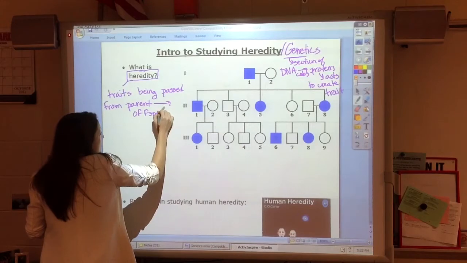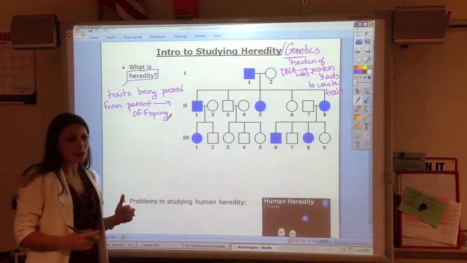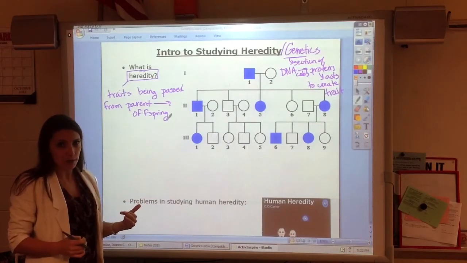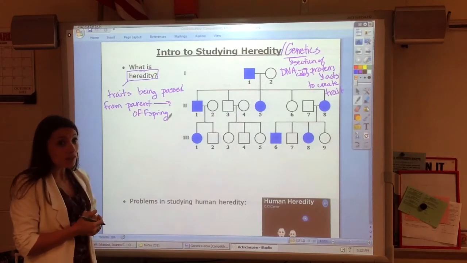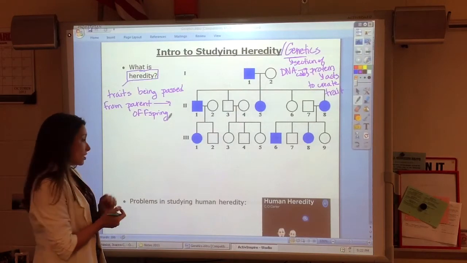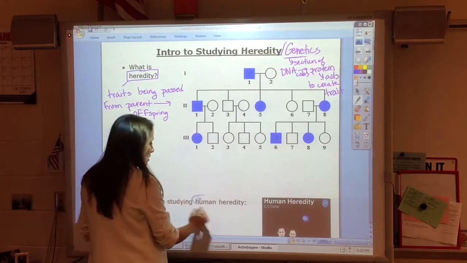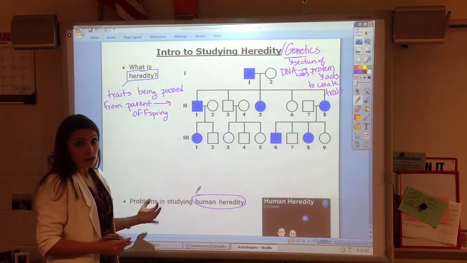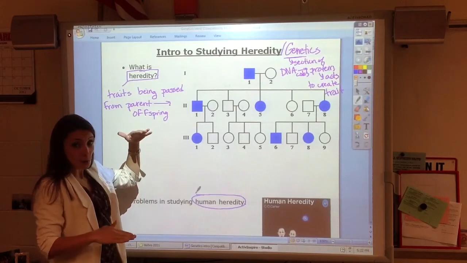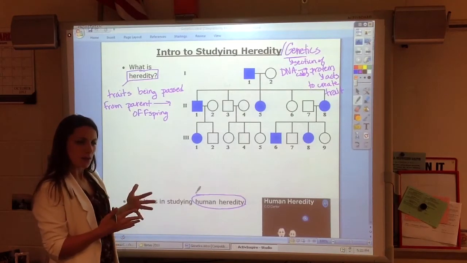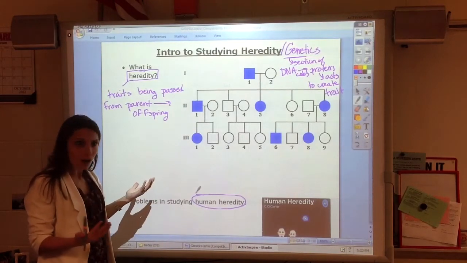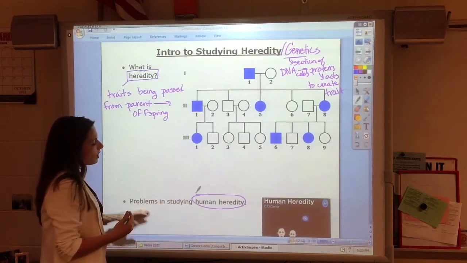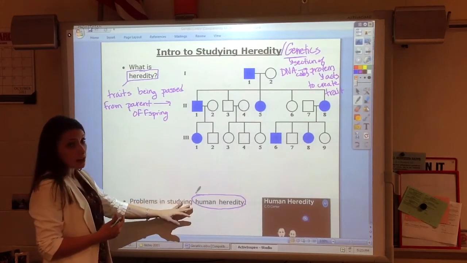But the problem is that we didn't really know how they were being passed. Because especially if we looked at humans, human heredity is not very clear. So you could have a tall parent and a short parent, and the child doesn't come out in the middle. The child comes out really tall. So we run into all these problems studying human heredity.